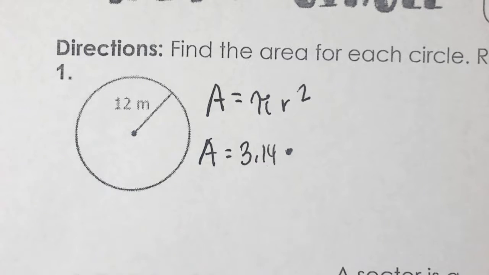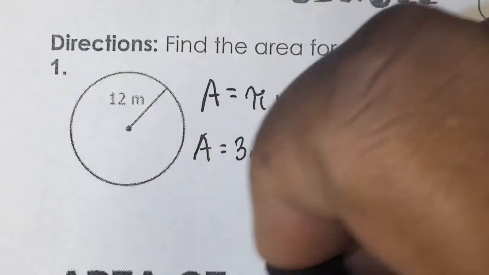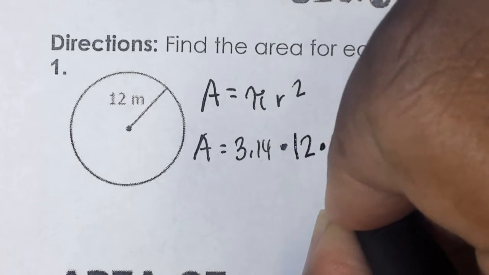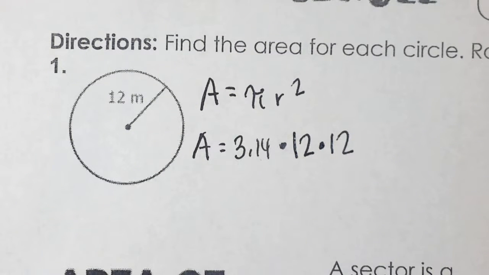What number did he just give me? 6. Sound like something John would say. Yeah. He made up a number. Radius is 12. Y'all should understand why I wrote 12 times 12, right? Yeah. Radius squared.